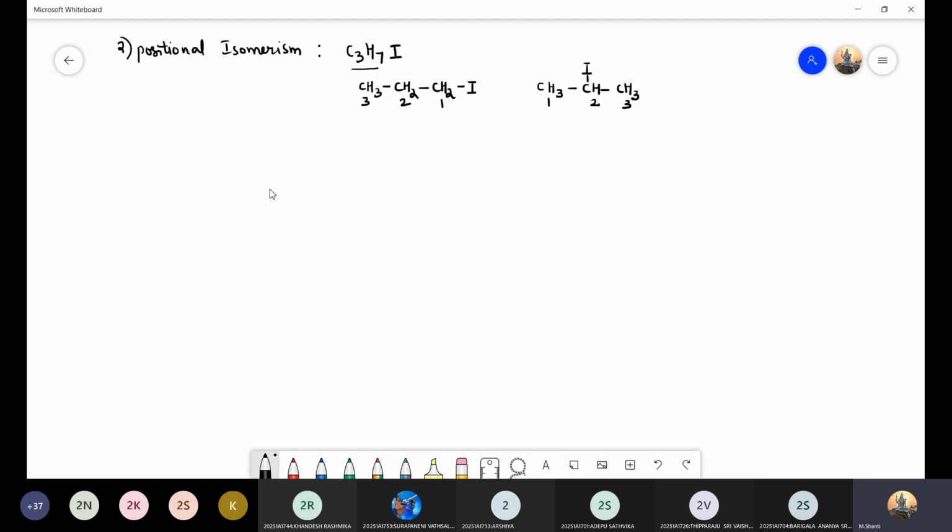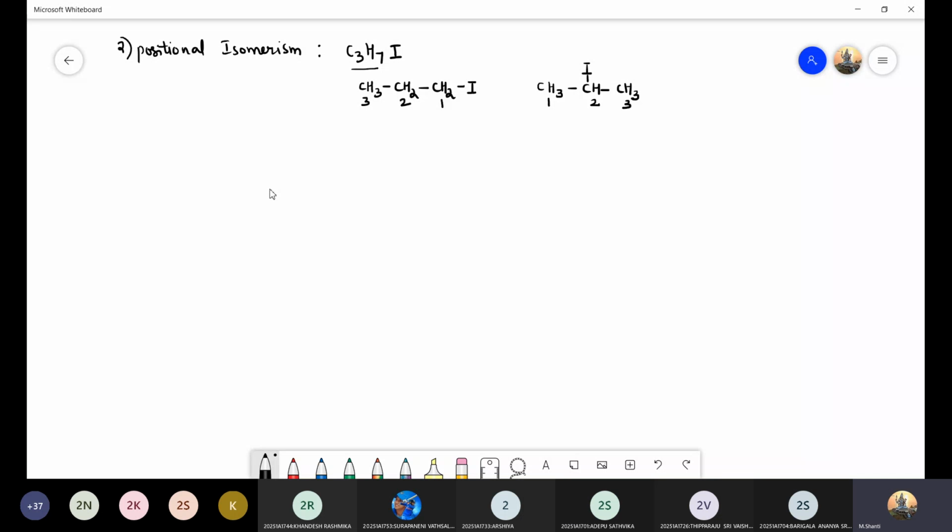Quickly, names of these compounds. What is the name of the first structure? Am I audible, girls? Yes, ma'am.